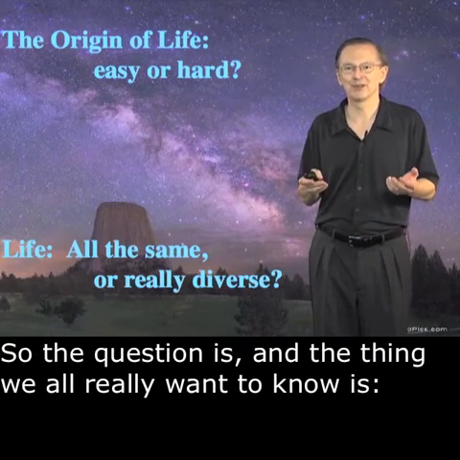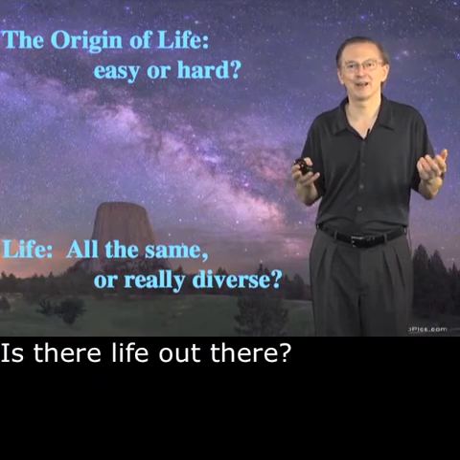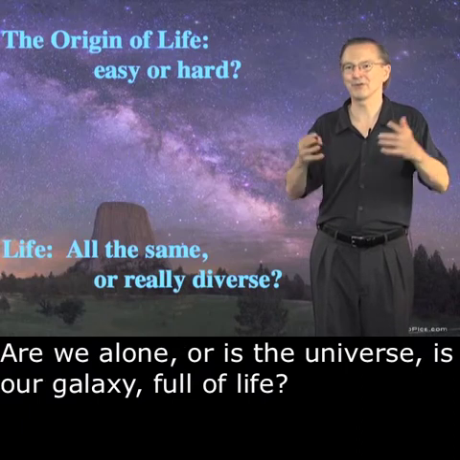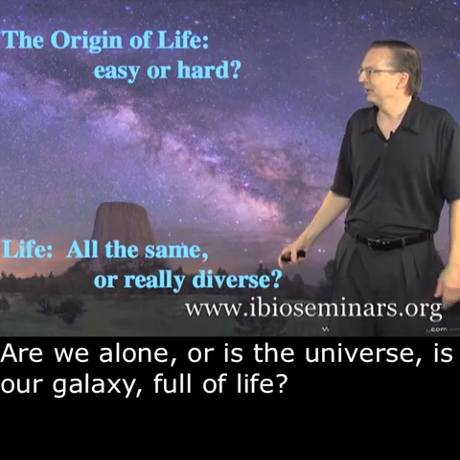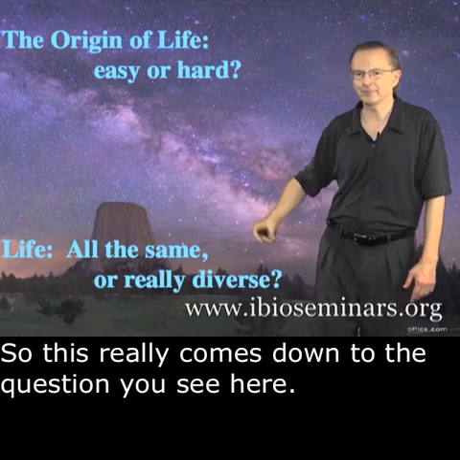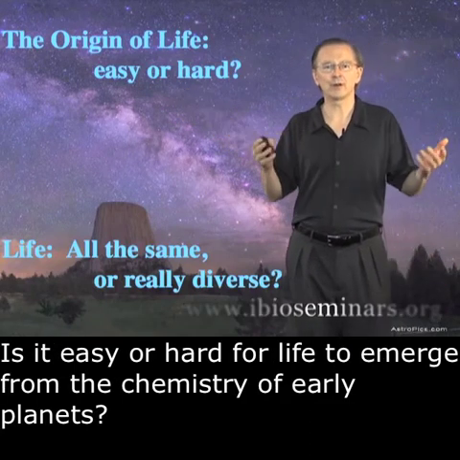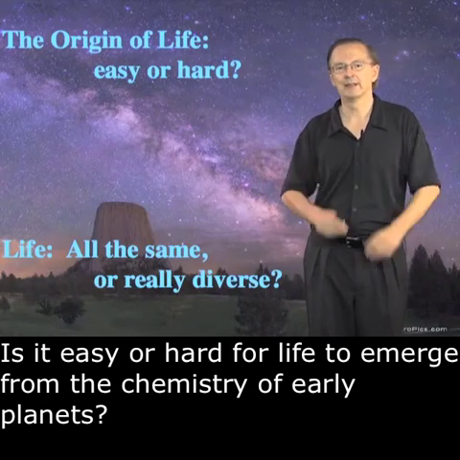So the question is, and the thing we all really want to know is, is there life out there? Are we alone, or is the universe, is our galaxy full of life? So this really comes down to the question you see here. Is it easy or hard for life to emerge from the chemistry of early planets?